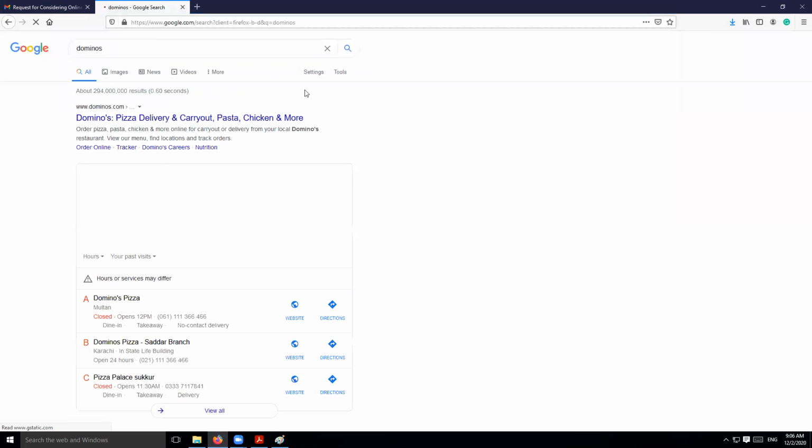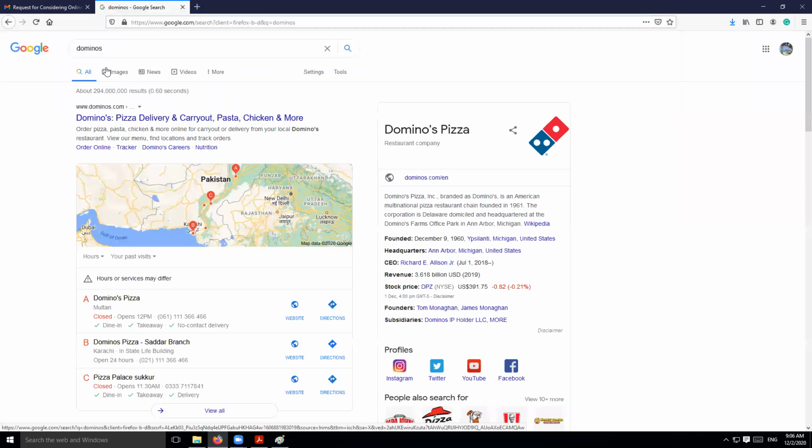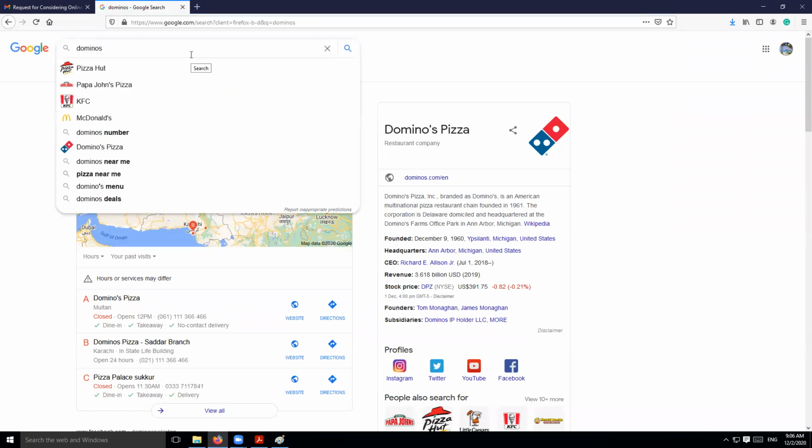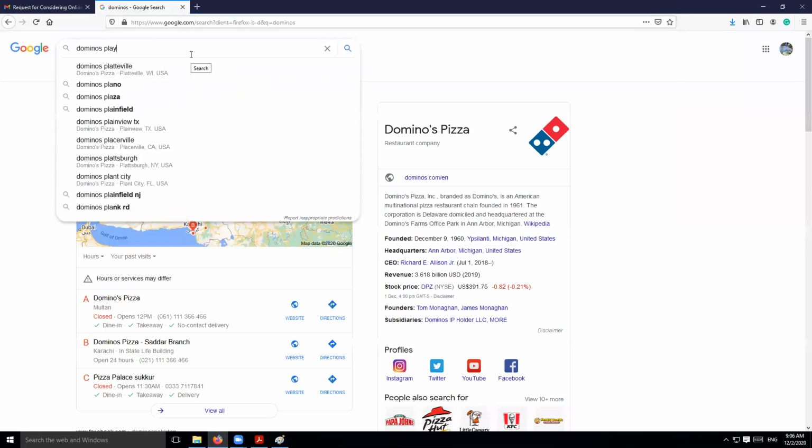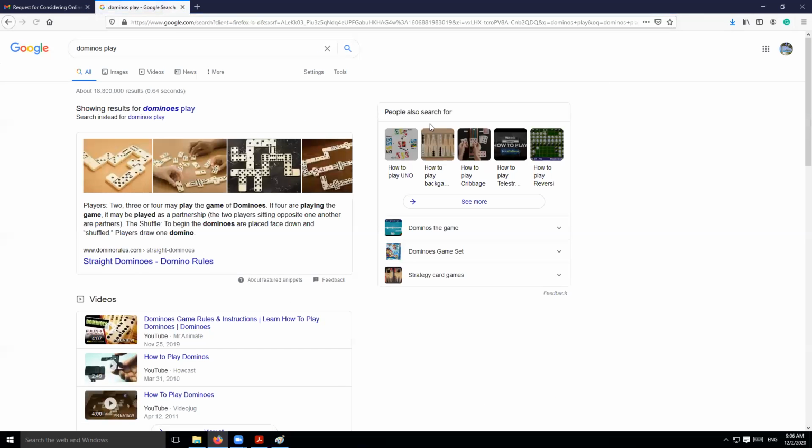Okay, so here are the dominoes. Can you see the Google search that I am making? Yes, sir. Dominoes play. You might have seen this.